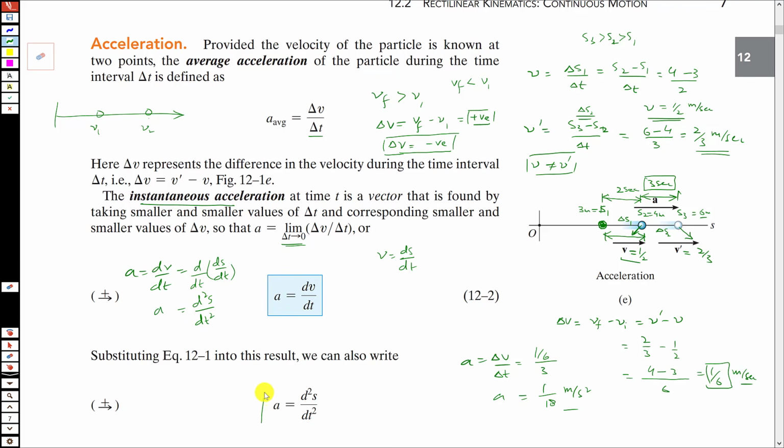We can represent acceleration in terms of position like this. So acceleration is dv by dt and acceleration is d square s by dt square. If we take the double derivative of the position, we will be able to find the acceleration.